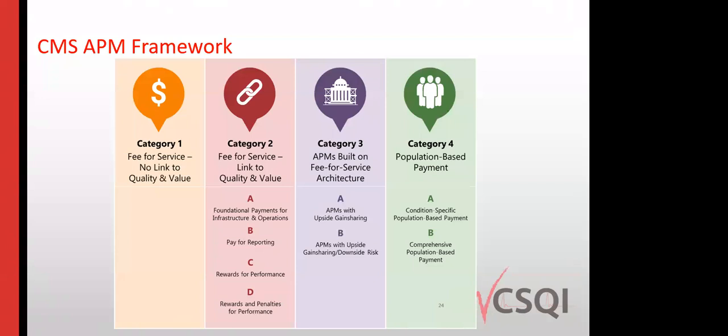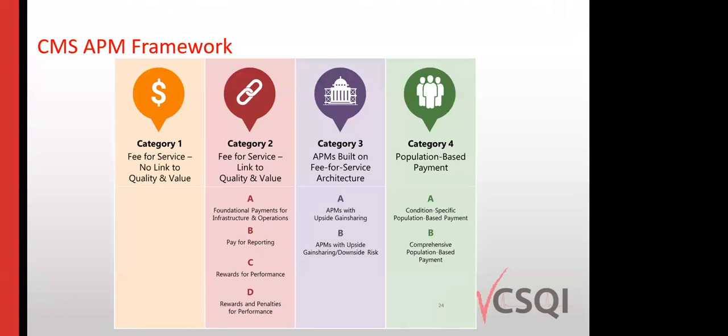Category 3 is the more desirable place that you'd want to end up with your practice. So 3A is upside gain sharing. You can participate in a plan, for instance, Medicare Shared Savings Program Phase 1, that has only upside gain sharing to it. 1+ has some downside risk, and then if you get into a full 3B, you have upside gain and downside risk, which maximizes your upside gain.